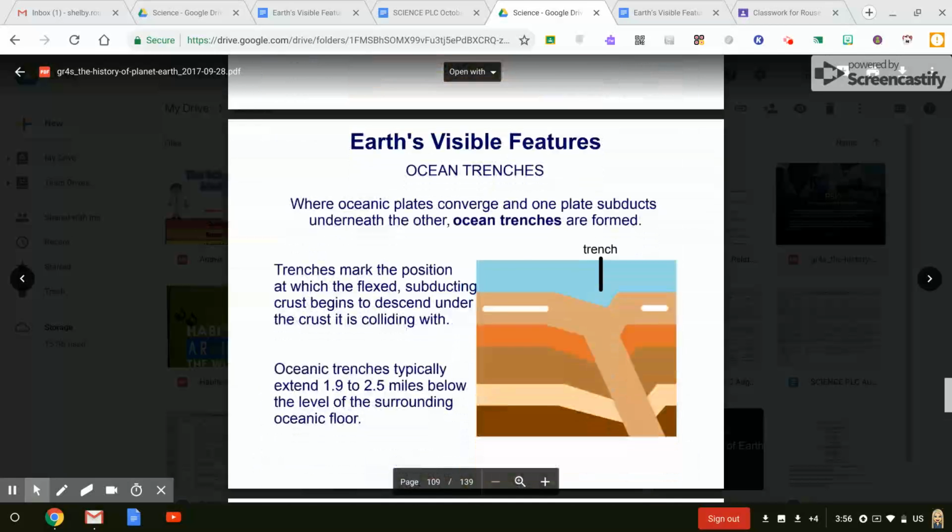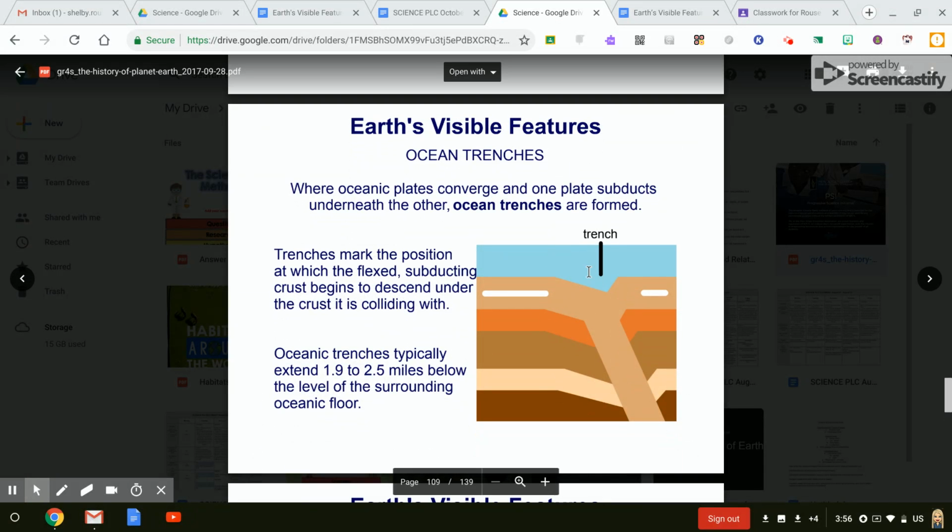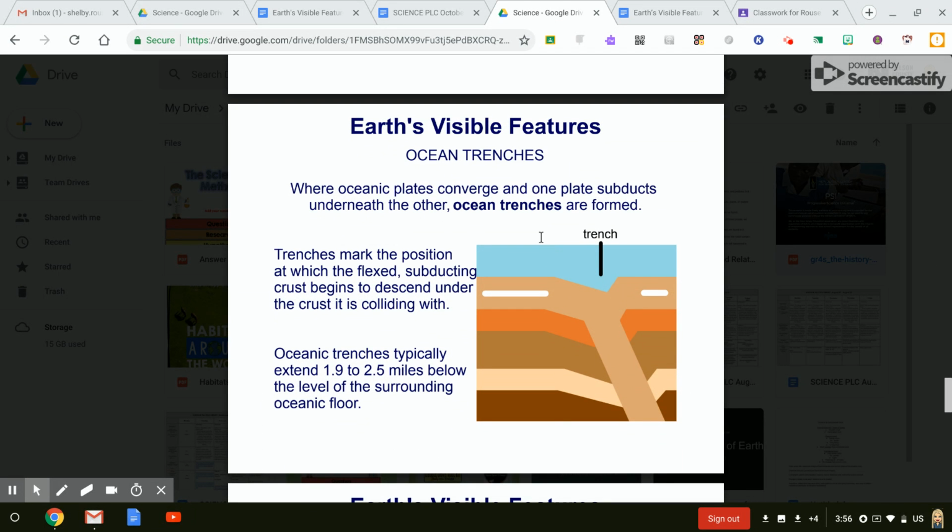So if you look here at this picture of ocean trenches, trenches mark the position at which the flexed subducting crust begins to descend or go under the crust it's colliding with.